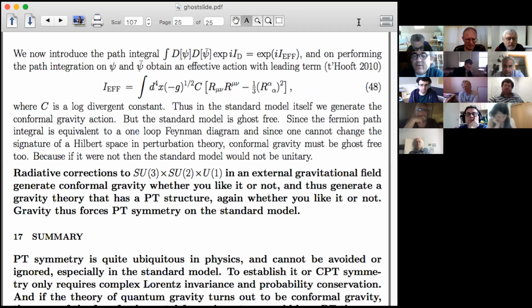So in a sense, if you do such a Lee-Wick standard model, you have the problem of causality, because some of the propagators are advanced and some are retarded.